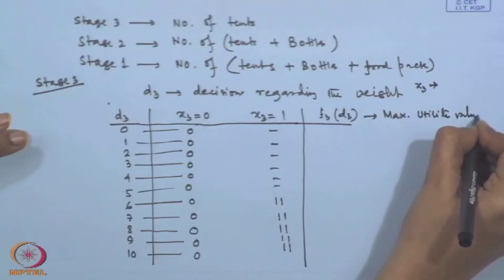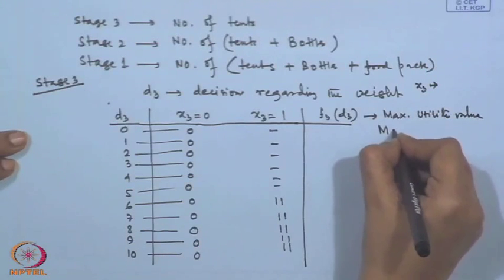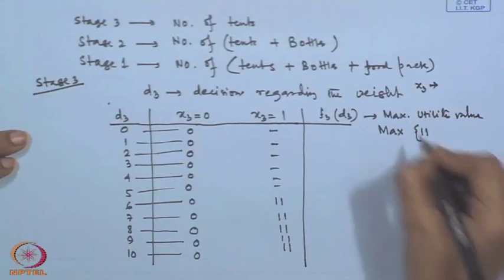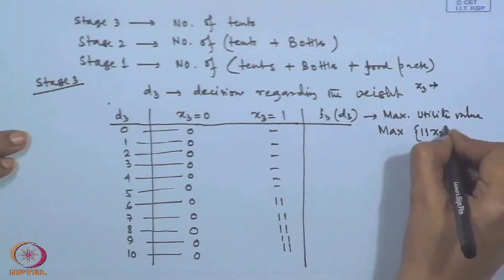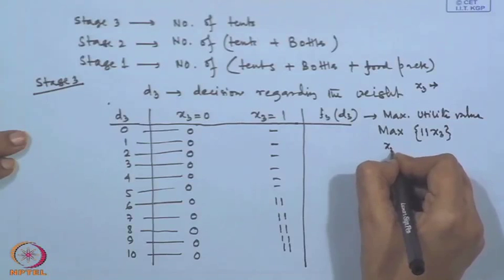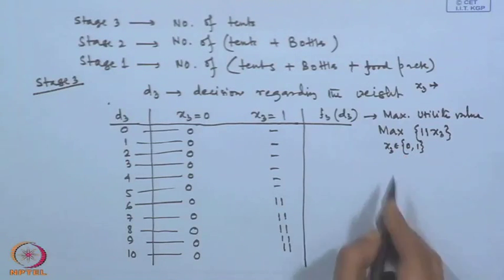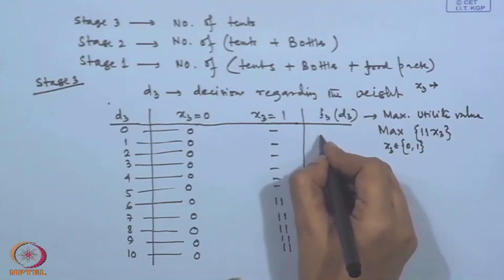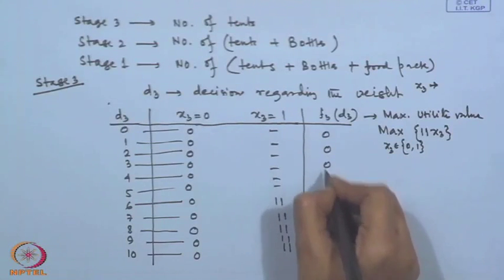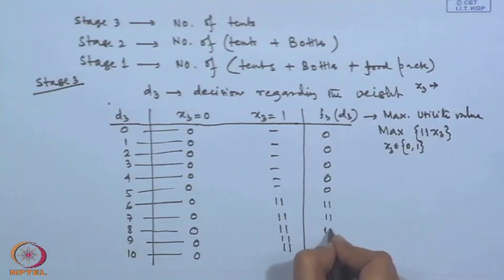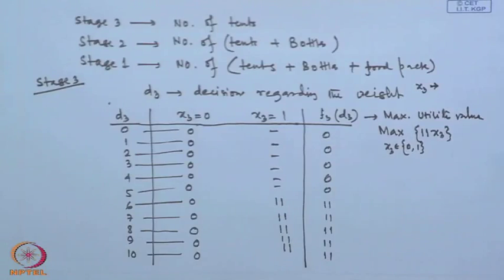Otherwise we can write mathematically maximize utility value is 11 x3, x3 could be either 0 or 1. Mathematically we can write it, then we can see the utility values are coming this way, 11, 11. This is simple situation, that is for stage 3.